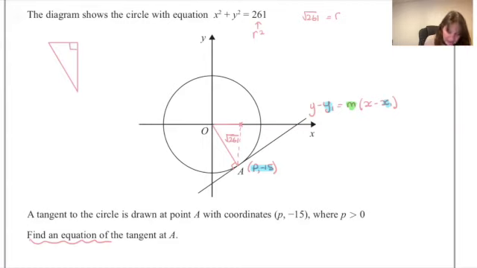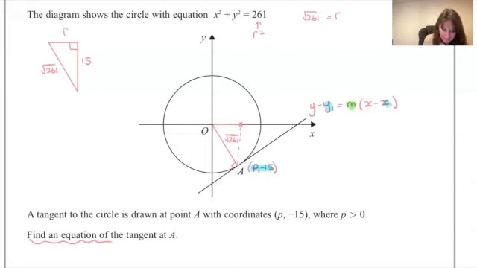I know that this diagonal is root 261. I know that this length here, from here to here, is mirroring my y-axis. If the coordinate is telling me it's minus 15, then that length must be 15. And this length is P, my x-axis.